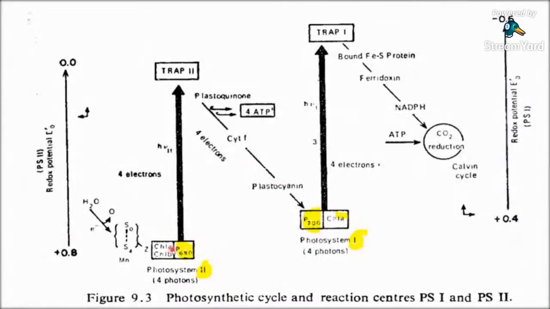Now we will see here, this is the chlorophyll B molecule and this is chlorophyll A. Here there are chlorophyll A and chlorophyll B, and here there is a chlorophyll A molecule. Now, what is the main reaction between PS1 and PS2?